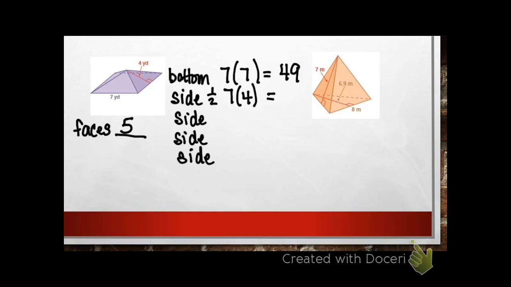Now I've got to do my triangles. Don't forget that 1/2. What's 1/2 of 28? 14. Good. And I'm going to write that number 4 times, or you could multiply it by 4, whichever you prefer. Now you need to add those up. So go ahead and take a minute, add them up.